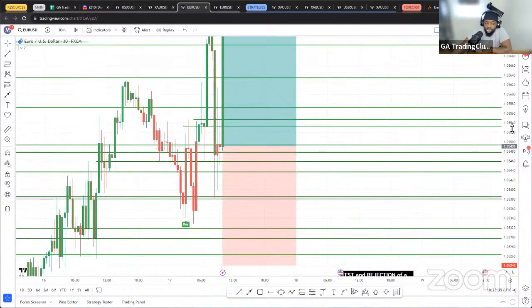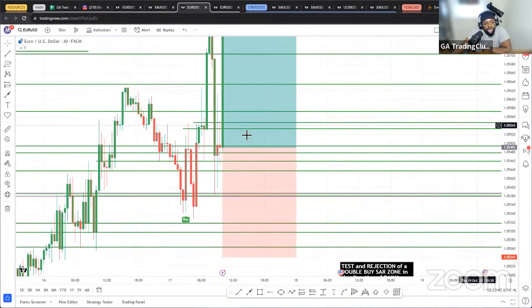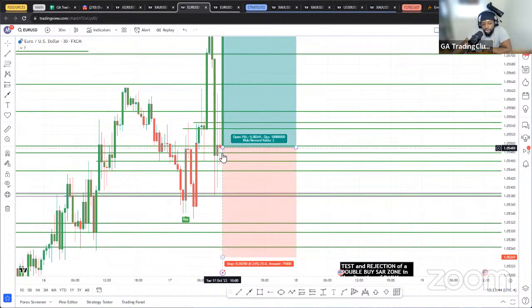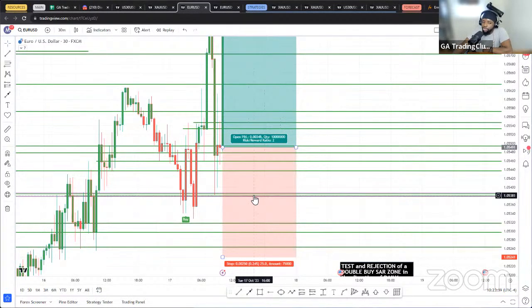Now, if that was gold or US 30, I wouldn't have taken it, right? But here for EU, consider this is a 30-minute candle, not a 1 minute time frame. So to have a 30-minute candle drop all the way down here and break these wicks, break this double SAR, break this other double SAR that's already down here, that's not manipulation, that's not stop hunting, that's just a change in the trend of price.